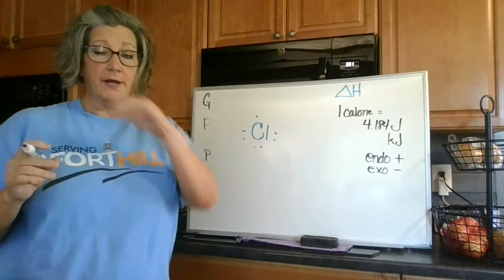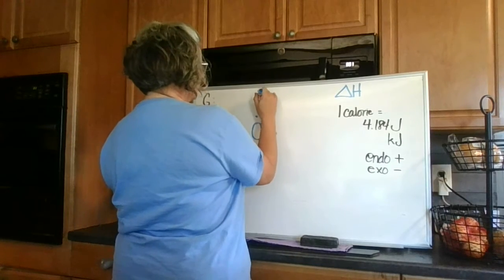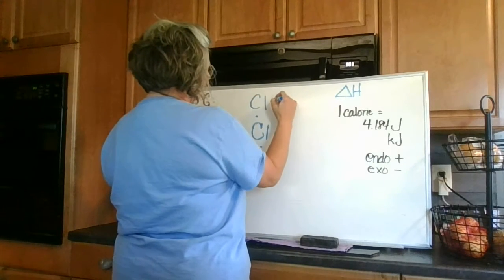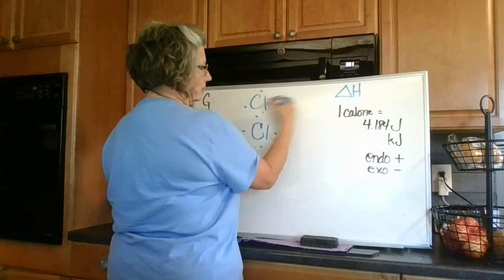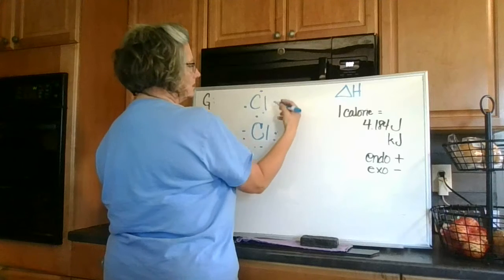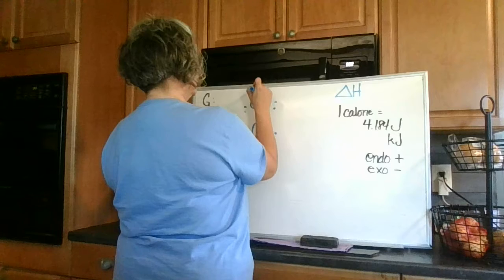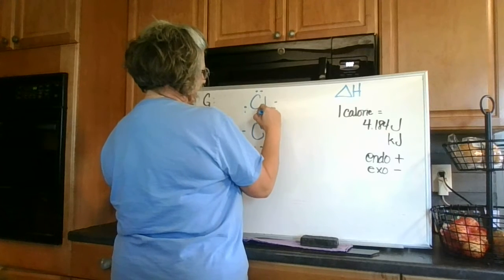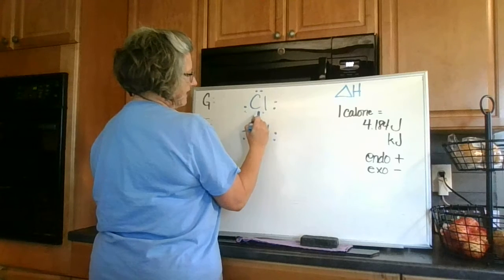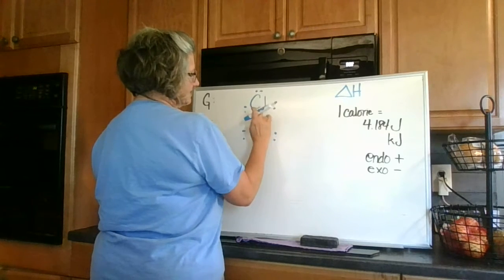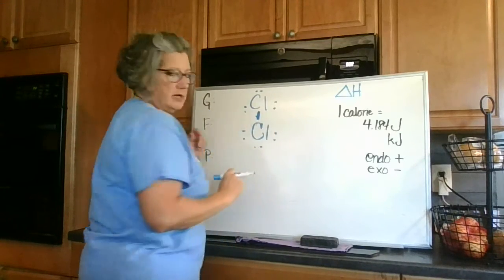Okay? So I've got 2 of them, so I'm going to write another one right up here: 1, 2, 3, 4. Remember, you start at the 3 o'clock. So 5, 6, 7. And then that's going to make a connecting bond right here because I'm missing this valence electron. Since there's 7, I've got 1 here and 1 here. Bring them together. That makes a single chlorine bond.